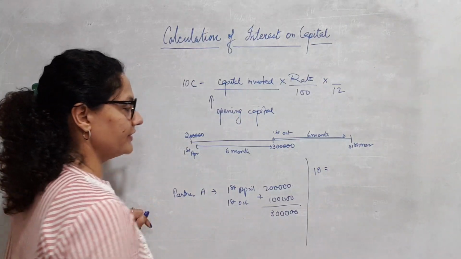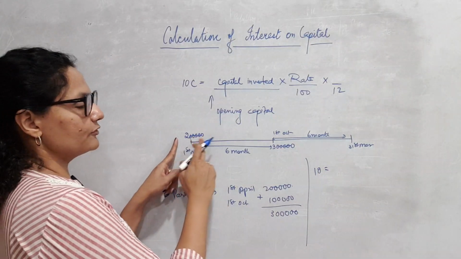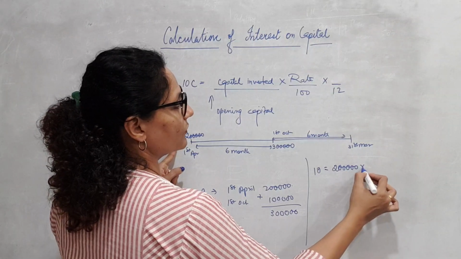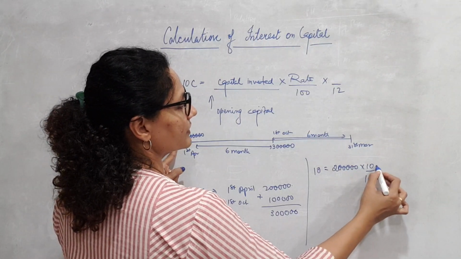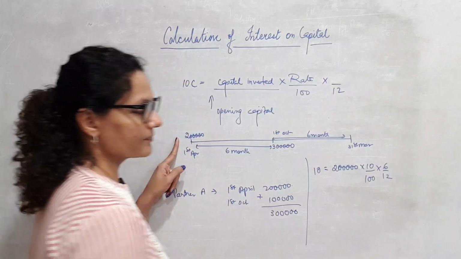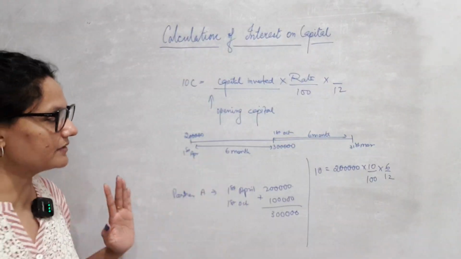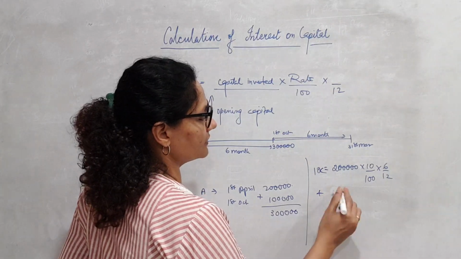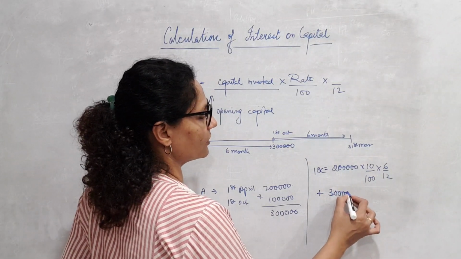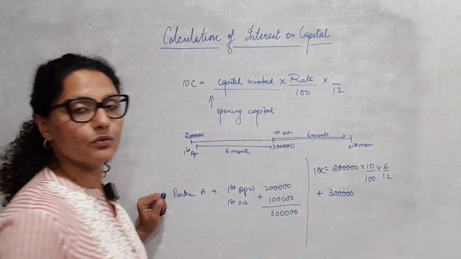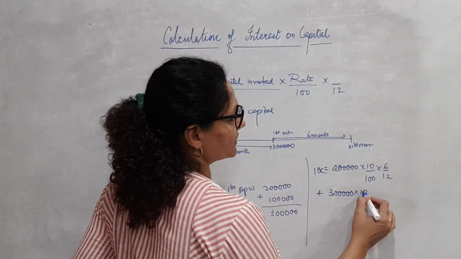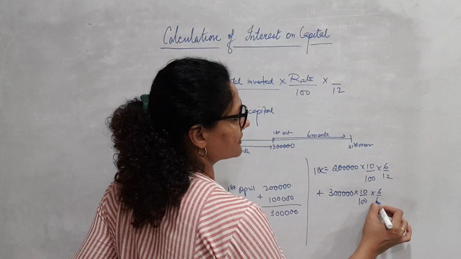Interest on capital will be allowed on this 2 lakhs for the 6 months because it was 2 lakhs for the 6 months period. I'm taking the interest as 10%, and plus next on 3 lakhs, because for the remaining 6 months, how much was the capital? 3 lakhs. 3 lakhs into 10% for the remaining 6 months.